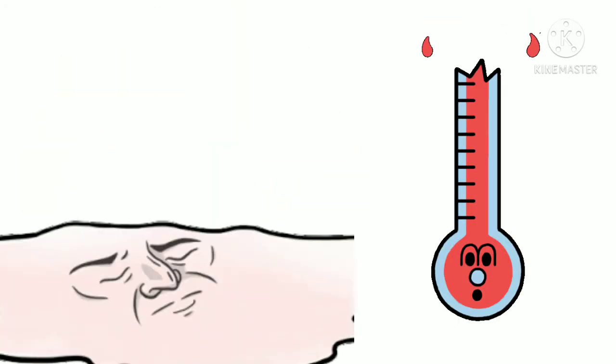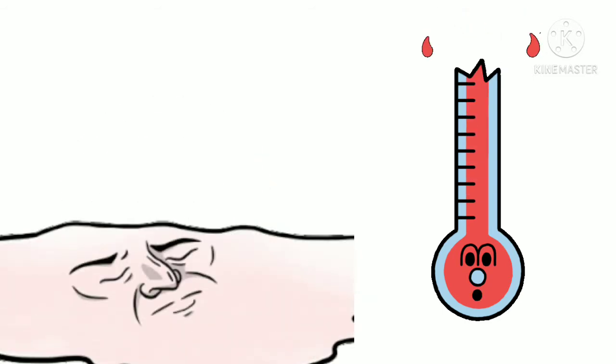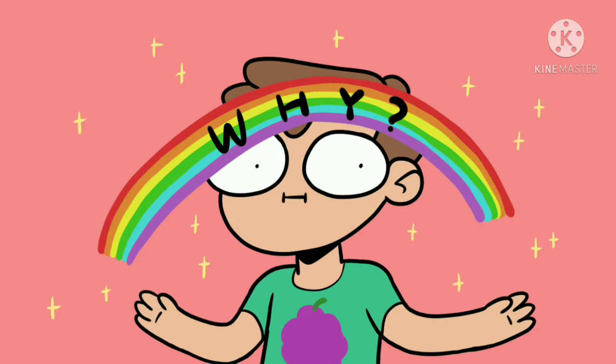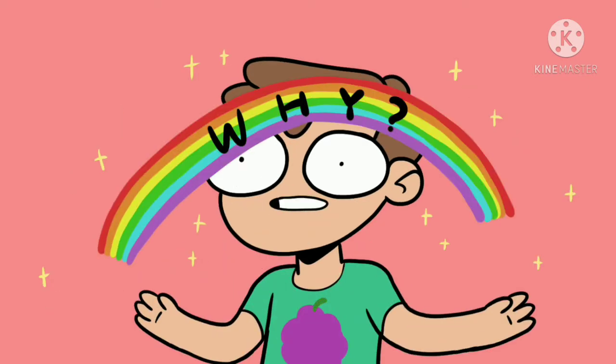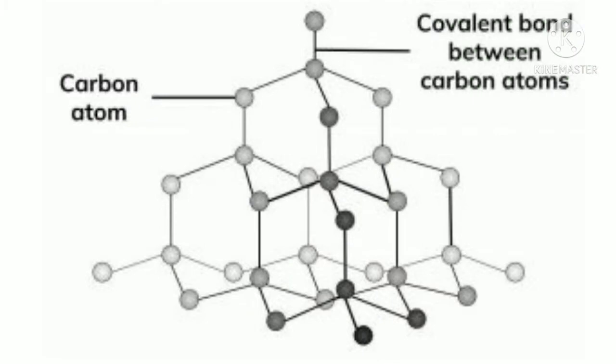Its melting point is also very high, that is more than 3500 degrees Celsius. Why is it so? Why its melting point is very high? Well, this is because a lot of heat energy is required to break the strong covalent bonds in it.